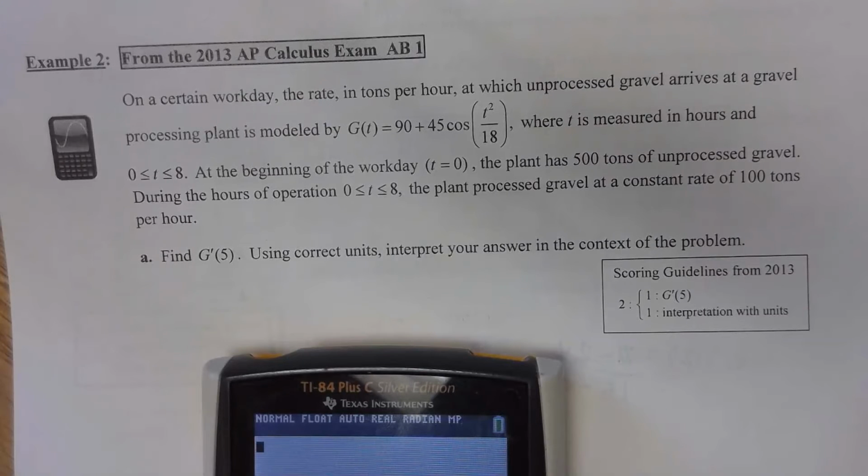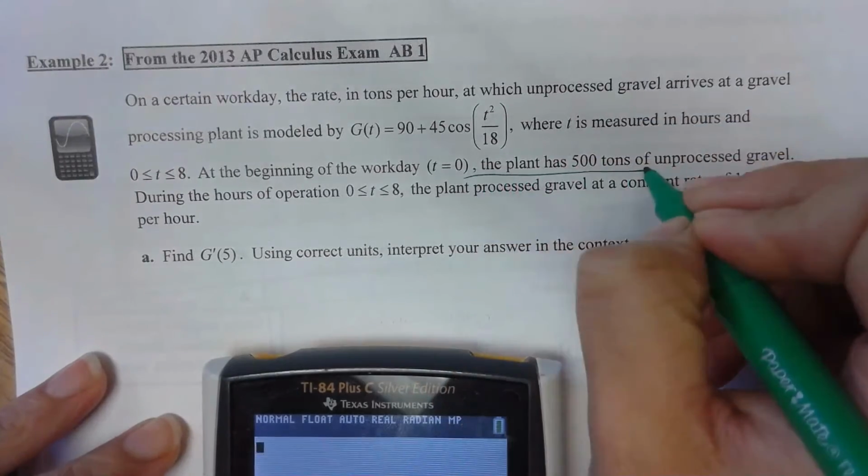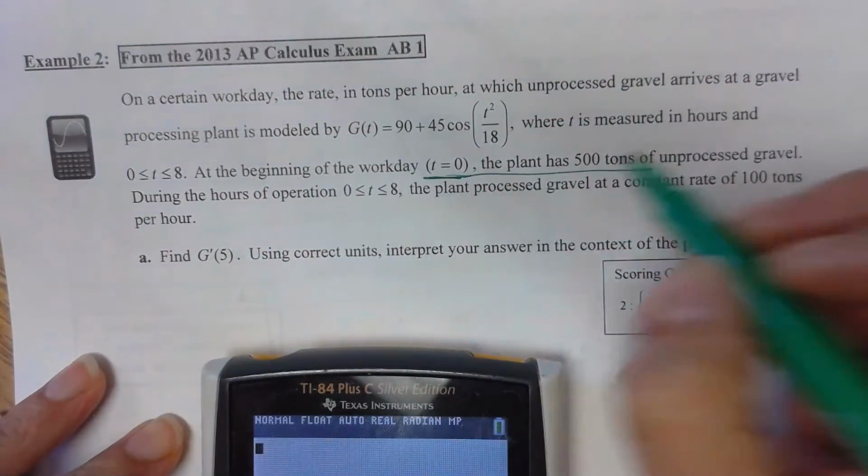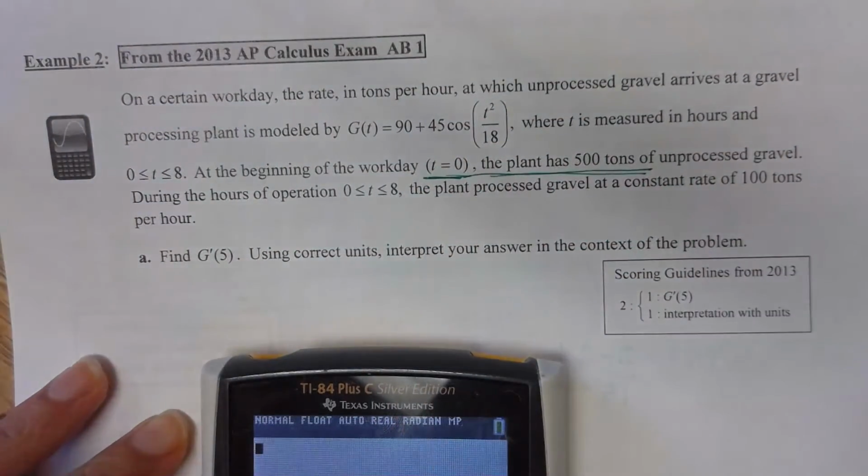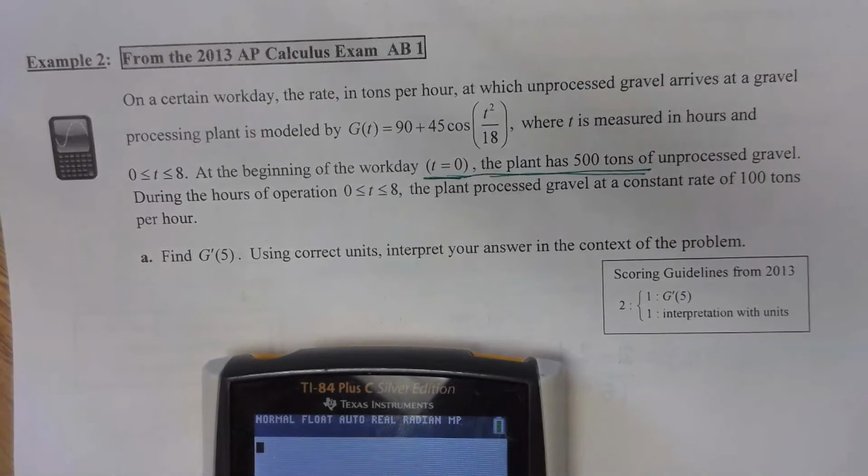At the beginning of the workday, the plant has 500 tons of unprocessed gravel. That is an initial condition. This right here, at the beginning of the workday, the plant having 500 tons of unprocessed gravel, that's an initial condition.